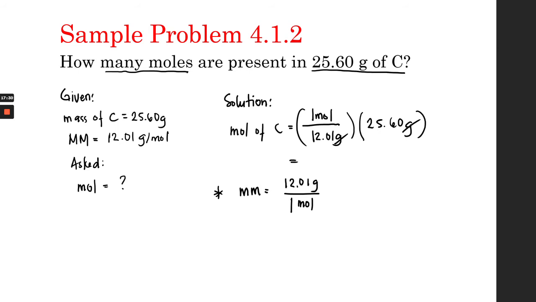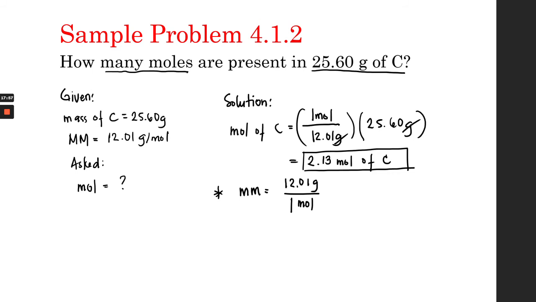So basically what I would have is 25.60 divided by 12.01. And that is equal to about 2.13 moles of carbon. Okay, so I hope it's clear how this relationship works.